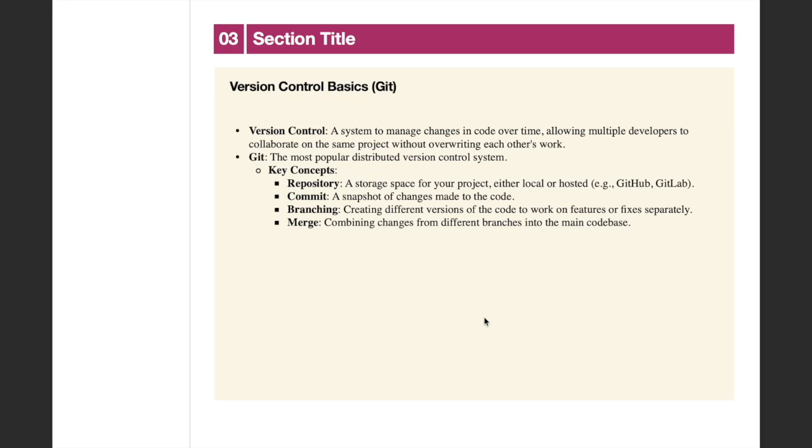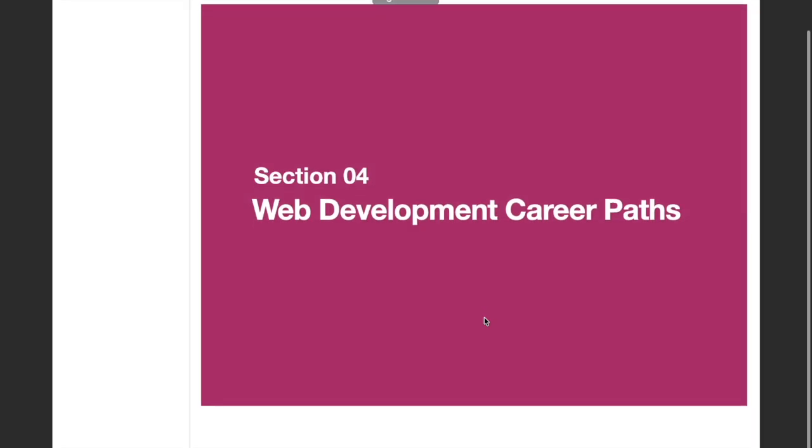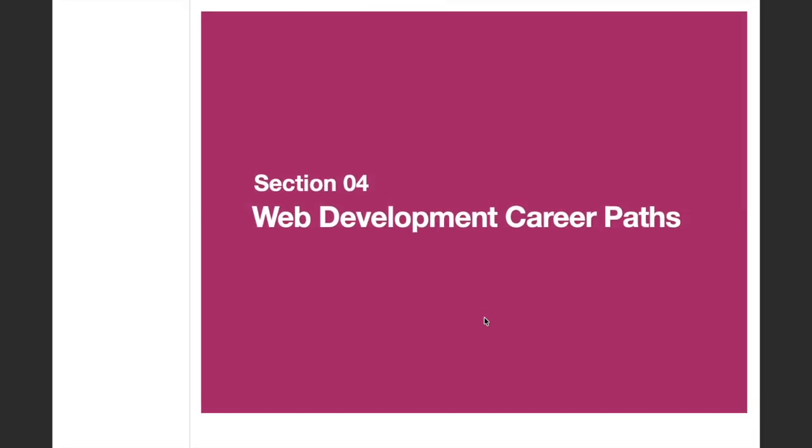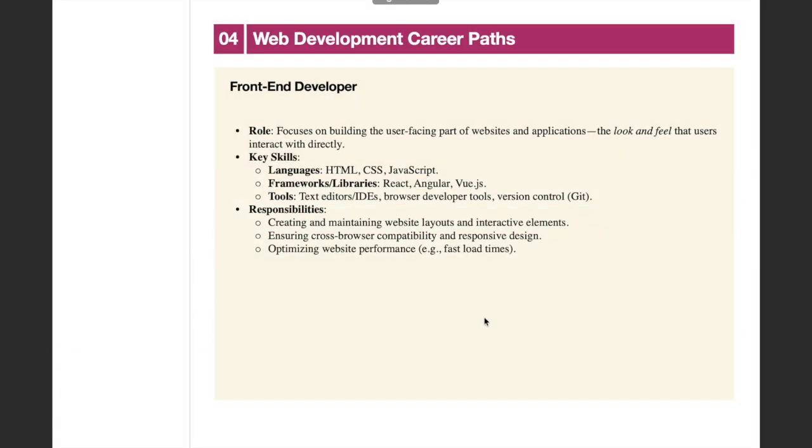Now, before getting into the coding part, you should know what the end goal is. Where will learning web development take your career? In web development, we generally have three main paths: front end, back end, and full stack. Let's start with the front end developer.